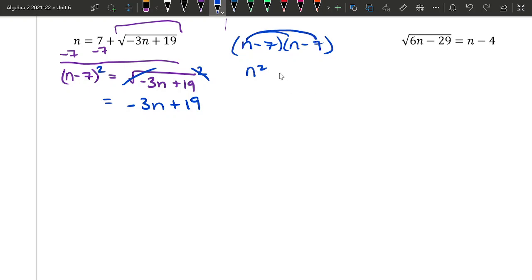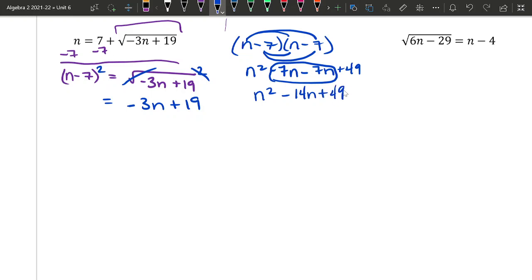N times negative 7 is negative 7n. Negative 7 times n is negative 7n. And then negative 7 times negative 7 is positive 49. You're going to have like terms in the middle every time. So n squared minus 14n plus 49.